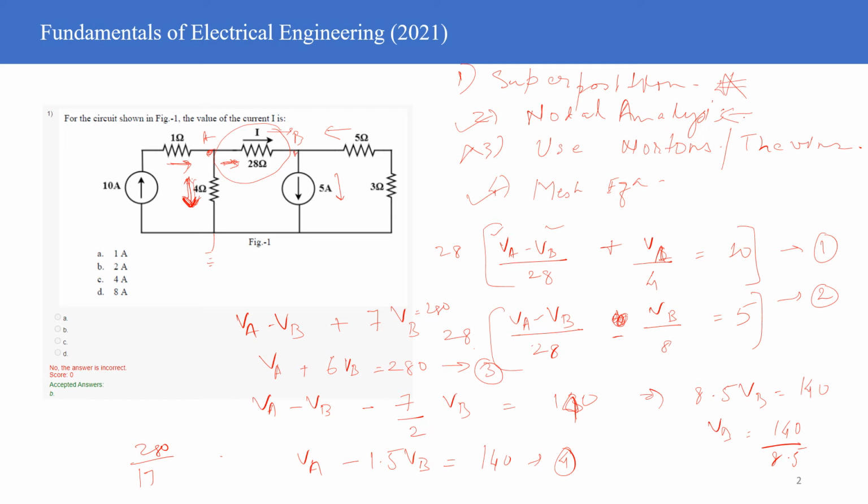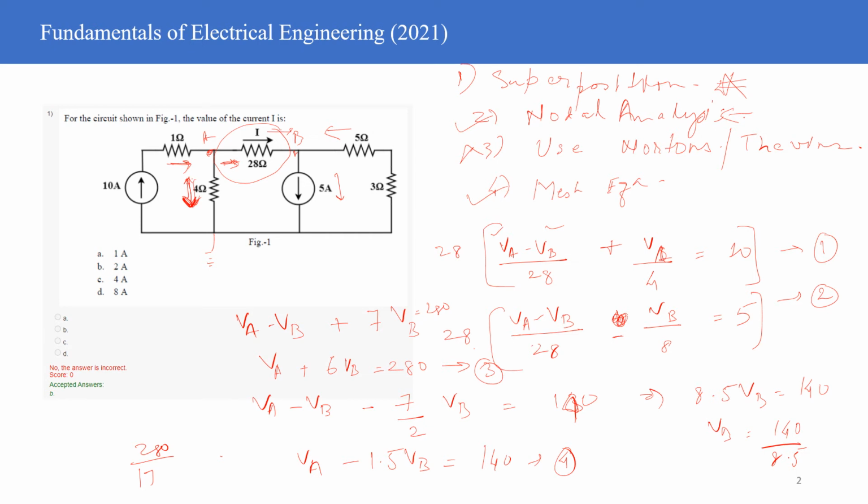Okay, 280 minus the answer divided by 6. So this is VA, VA minus 140 divided by 8.5, divided by 28. Okay, I made some mistakes here.